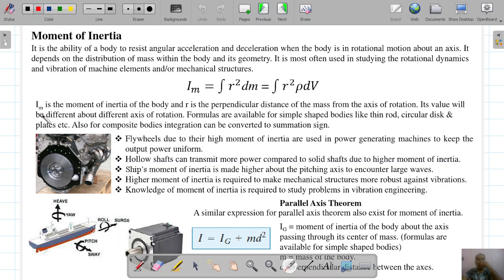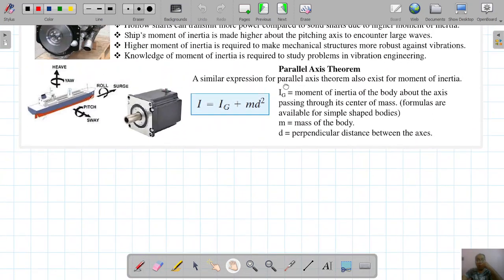So Im again is the moment of inertia of the body. And what is this r? This r is the perpendicular distance of the mass from the axis of rotation. It is very important to understand that the formula is r squared dm.